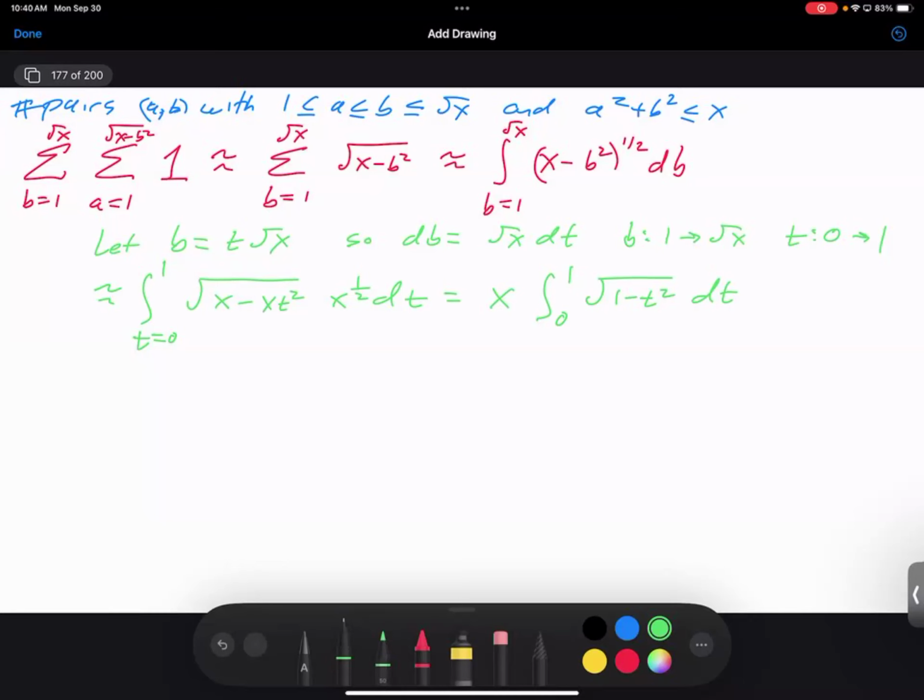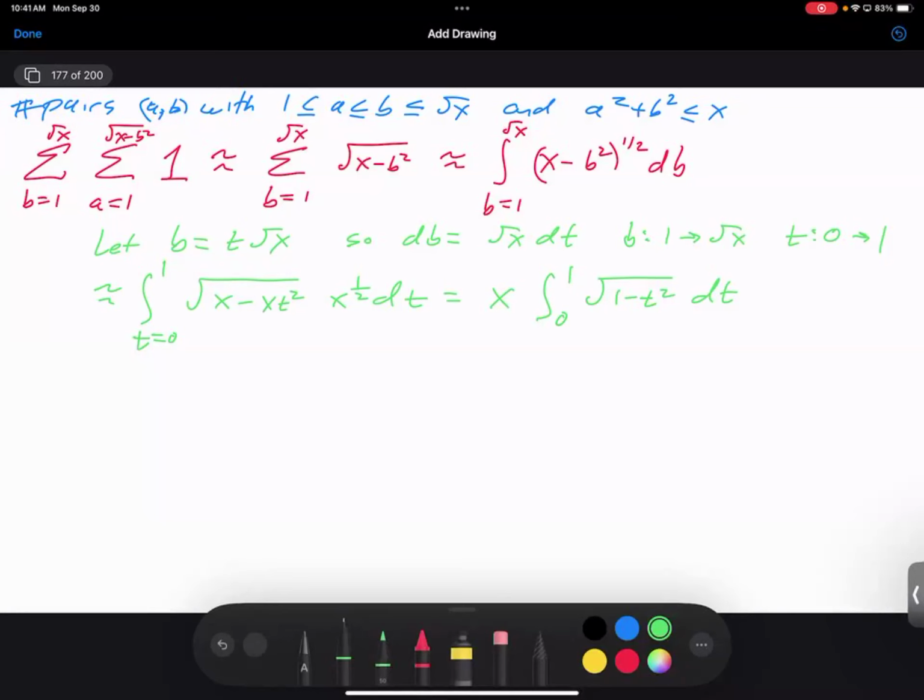You had the upper bound of x for the number of pairs. What can you tell me about the integral of the square root of 1 minus t squared from 0 to 1? What can you tell me about the value of that integral? Really simple, weak answer. It's at least 0.